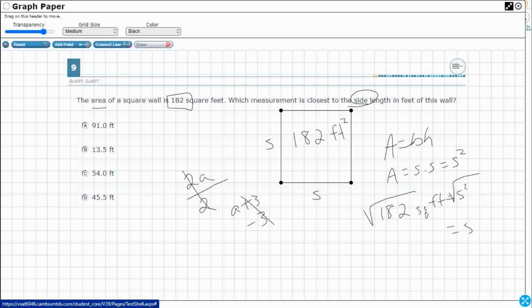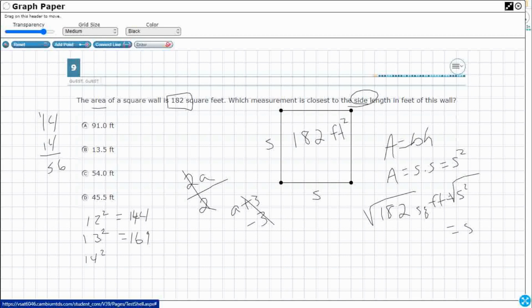So we could do that a few different ways. We can even estimate it. We can say, okay, 12 squared is 144. 13 squared is going to be 169, and then 14 squared, I'm not sure what that is. You could do it with a calculator. You could do it old school if you want to.